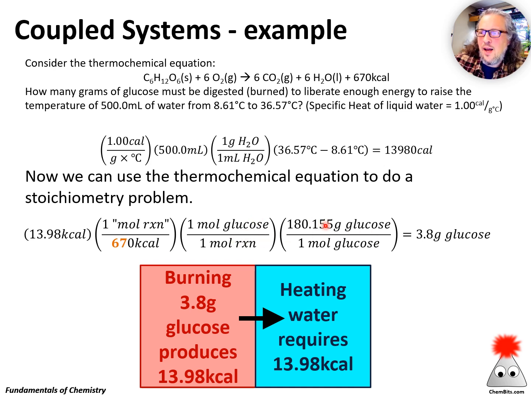And now back out into grams of glucose. So by burning 3.8 grams of glucose, I will produce 13.98 kilocalories of energy. If I then use that energy to heat water, I will be able to heat 500 milliliters of water from 8.61 to 36.57 degrees C.